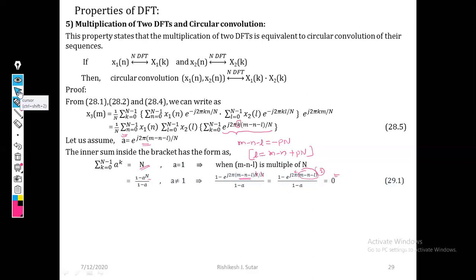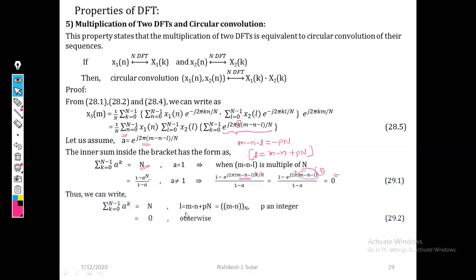So what I can conclude is, if my A equal to 1, meaning if my m minus l minus n is a multiple of capital N, ultimately l equals m minus n plus Pn, that is written here.